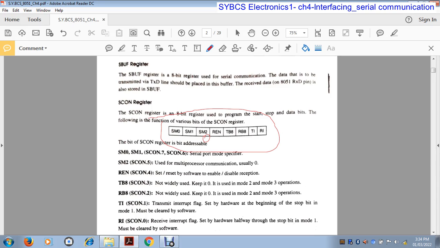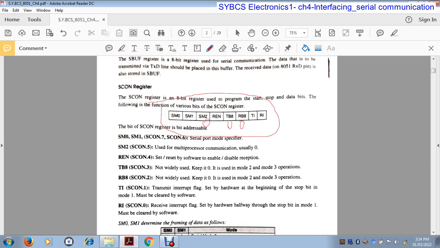SM2 is used for multiprocessor communication, usually 0. REN is set or reset by software to enable or disable reception. It is the fourth bit. TB8 is not widely used, keep it 0. RB8 is also not used, keep it 0.